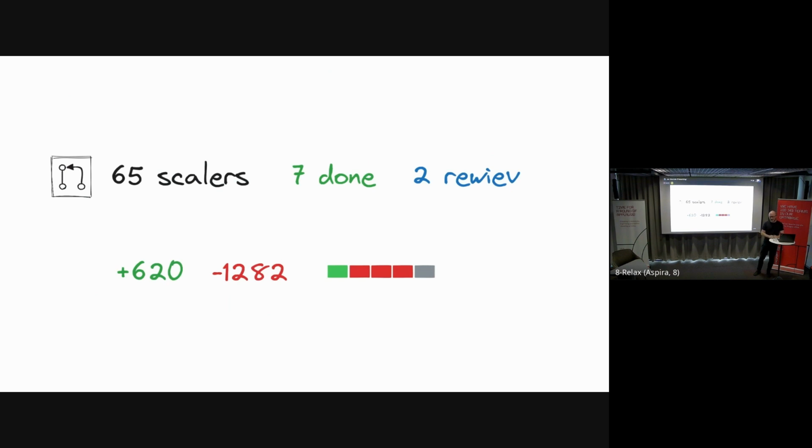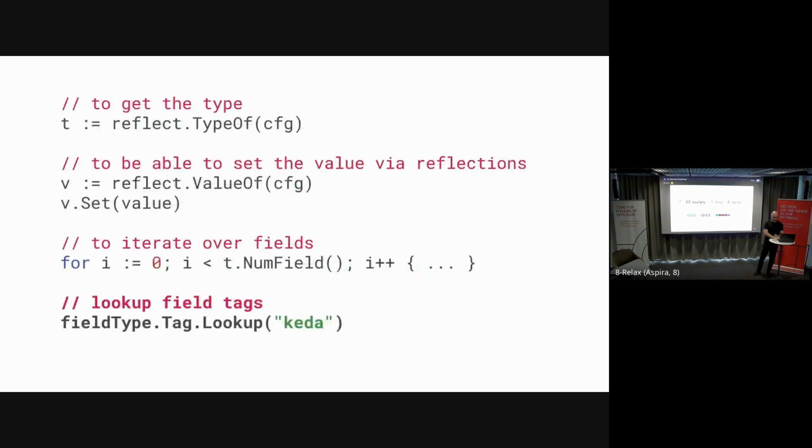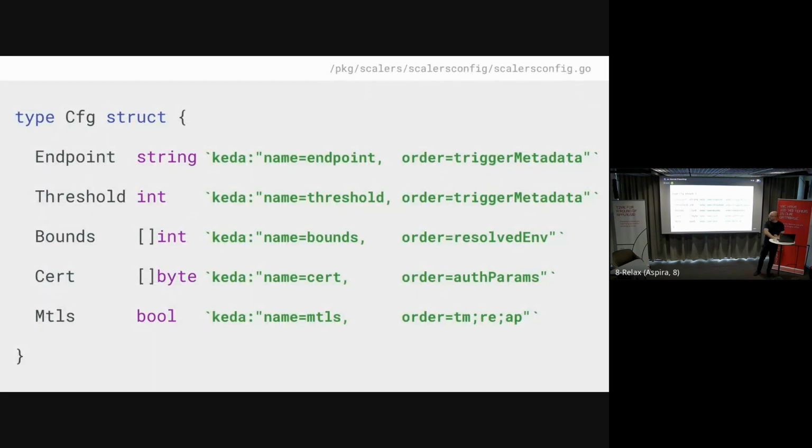How do you decide which fields to put into the type? I'm sure some people decided that a setting will be something else. This is driven by the scalers themselves, so the integration itself. If you integrate with Elasticsearch, I'm picking on the technology because my mind is drawing a blank on other examples, they usually have a Go client.